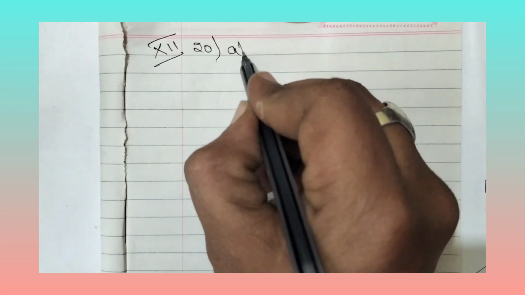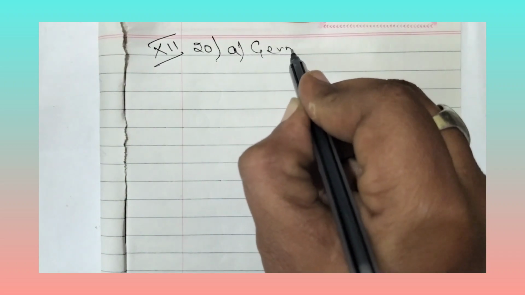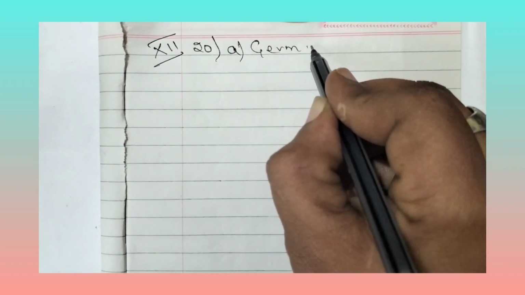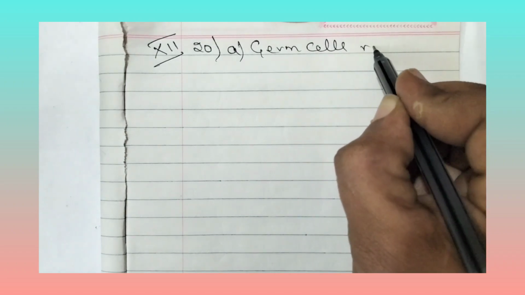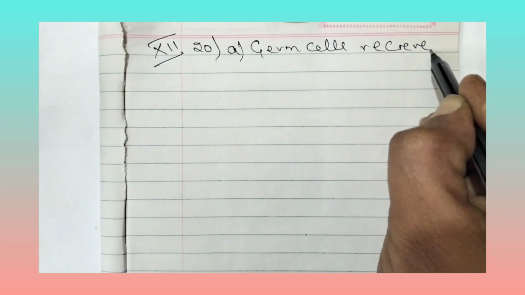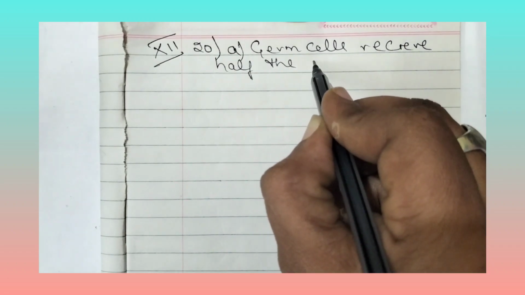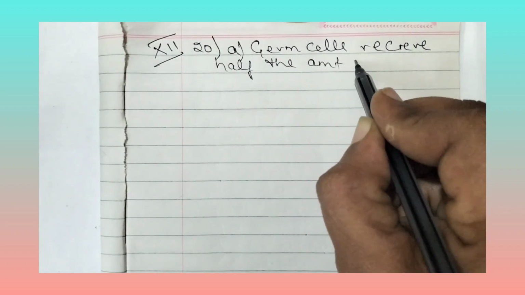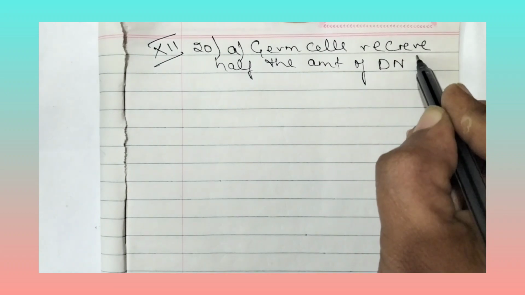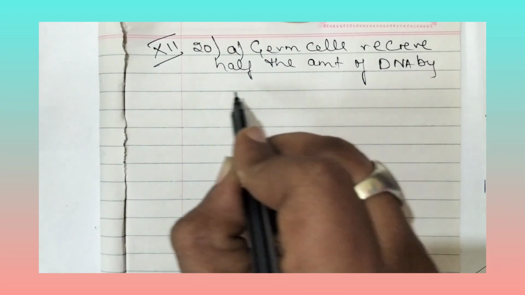Germ cells receive half of the amount of DNA by meiosis.